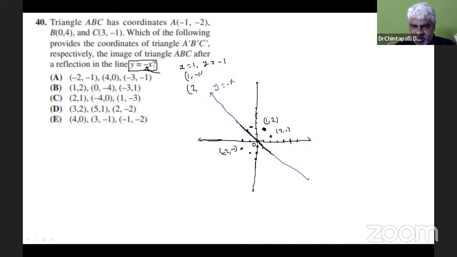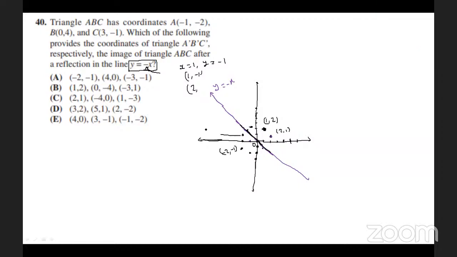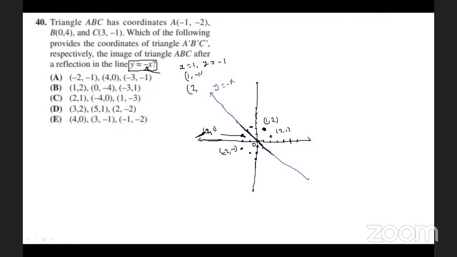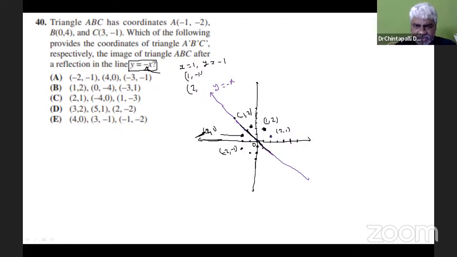Let's take another point. This is -2, 1, right? Try to tell its image. Its image is 1, -2? Yes, sir. Have you understood? What happens? Both coordinates are exchanged, reversed, with opposite sign.